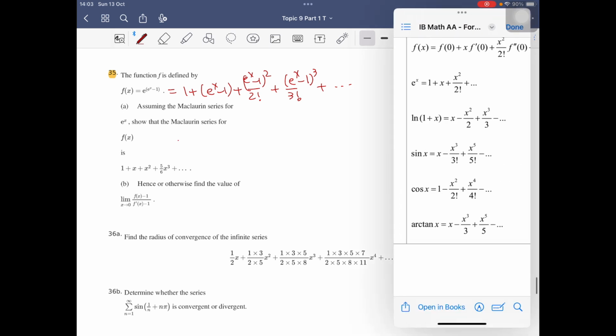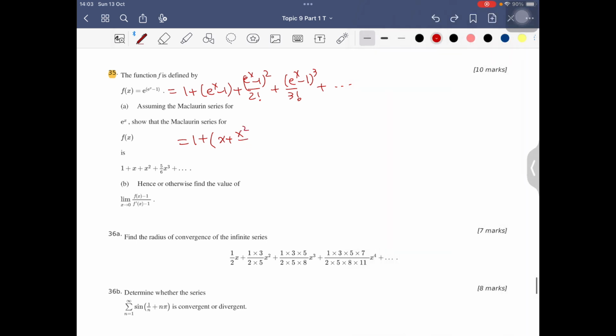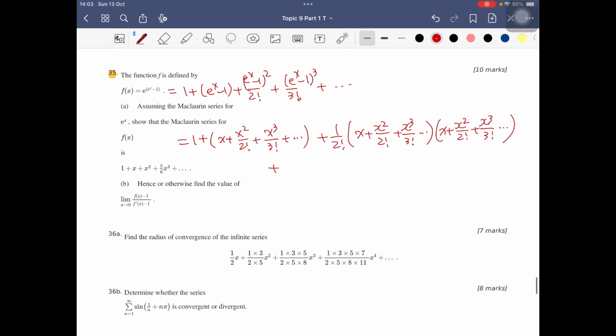And still it's 1 plus x squared over 2 factorial plus x cubed over 3 factorial, and plus 1 over 2 factorial, and x plus x squared over 2 factorial, x cubed over 3 factorial.